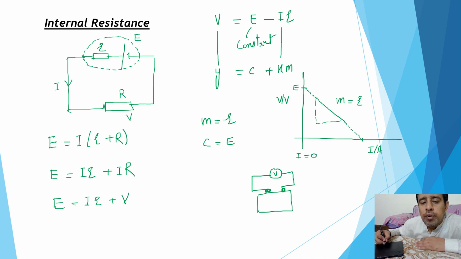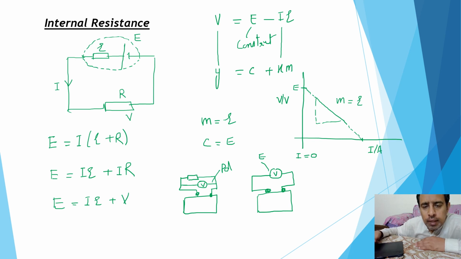But if this cell is attached with some resistor and you have a voltmeter in parallel with the terminals, this voltmeter will give you the potential difference or the voltage. Hopefully you are getting the concept.